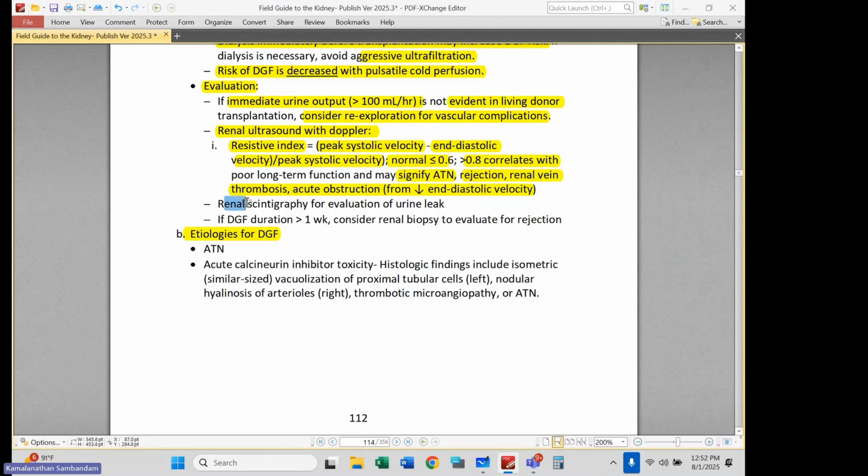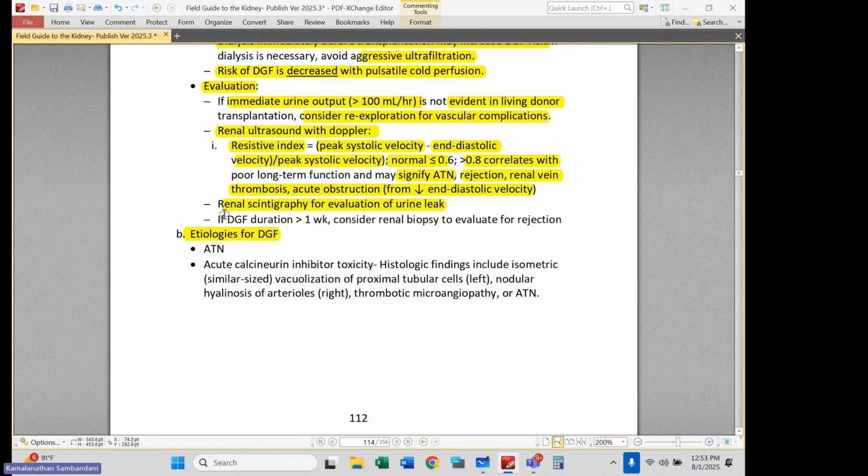Okay. We also interrogate patients post-transplant with immediate allograft dysfunction or early allograft dysfunction by looking for urinary leaks through renal scintigraphy. That also gives you an indirect measure of intact renal perfusion, right? If you have a vascular, arterial compromise, your kidney will not light up.